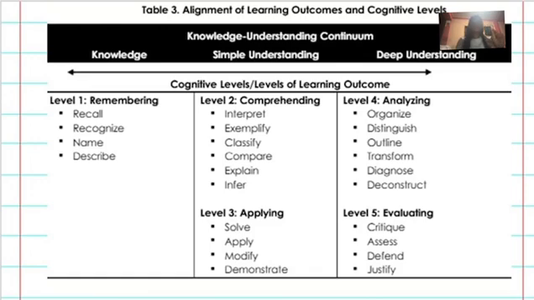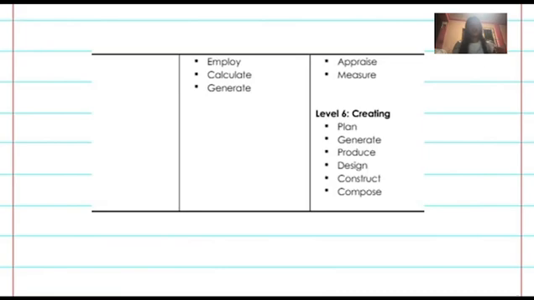So for level 5, the evaluating, which is second to the highest, are critique, assess, defend, and justify. So lastly is level 6, which is the creating. Under it are plan, generate, produce, design, construct, and compose.